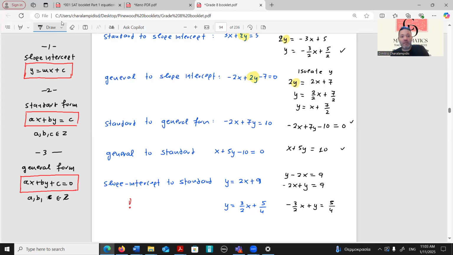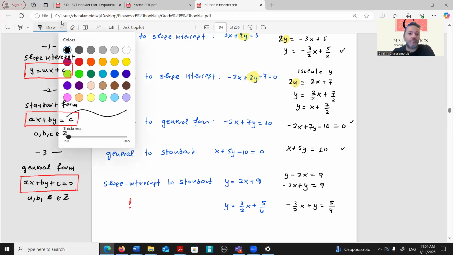Now I need to satisfy the second condition as well, which is about a, b, and c. In my case, minus 3 halves, 1 and 5/4 should be whole numbers. Right now, they are not whole numbers. How can I make them whole numbers?